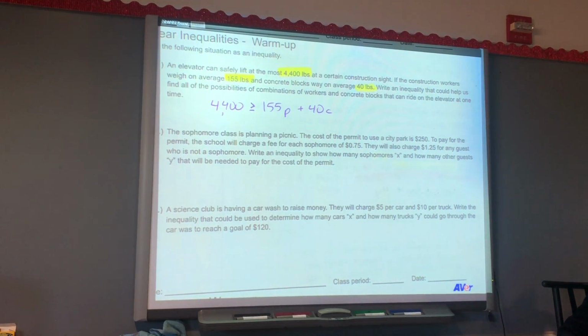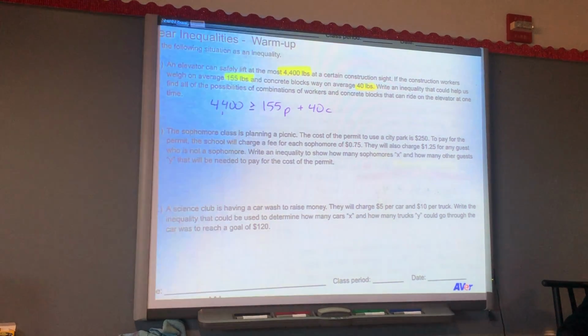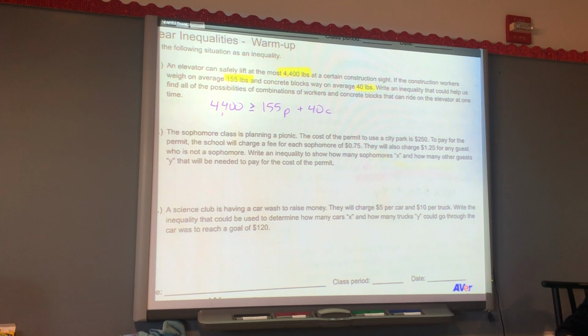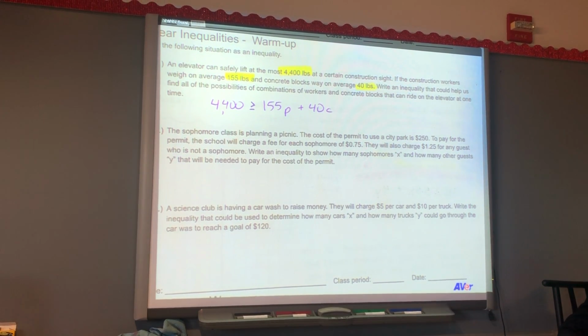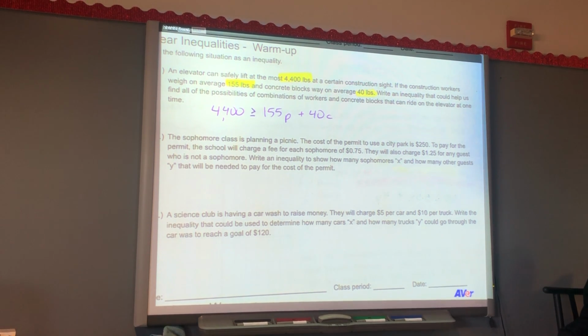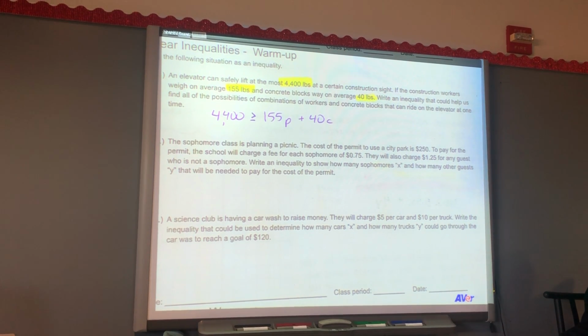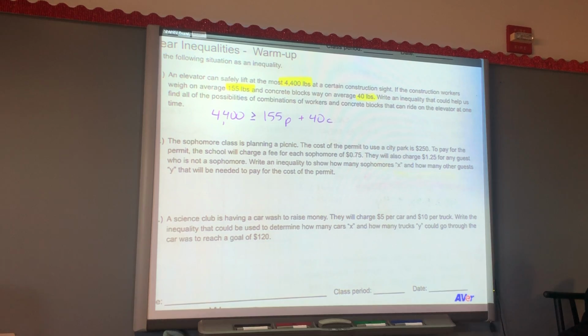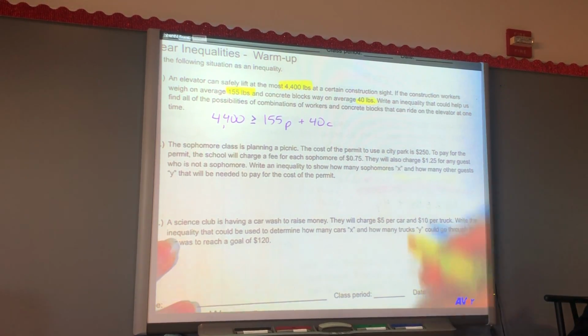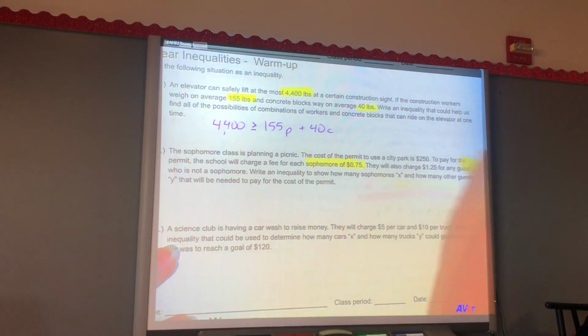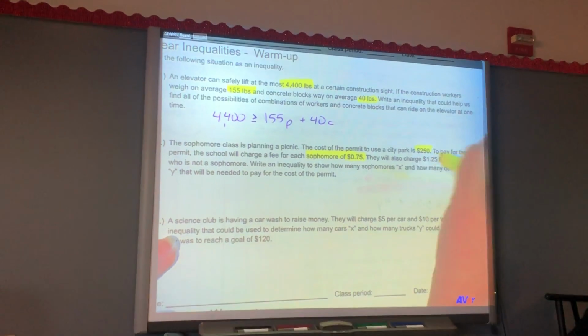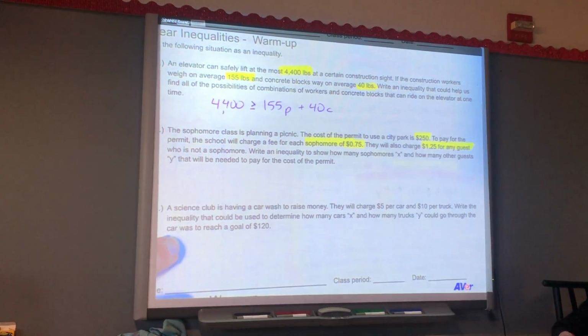Okay, the sophomore class is planning a picnic. The cost of the picnic permit to use the city park is $250. To pay for the permit, the school will charge a fee for each sophomore of 75 cents. That's a really small fee for sophomores. And then $1.25 for any guest who is not a sophomore.